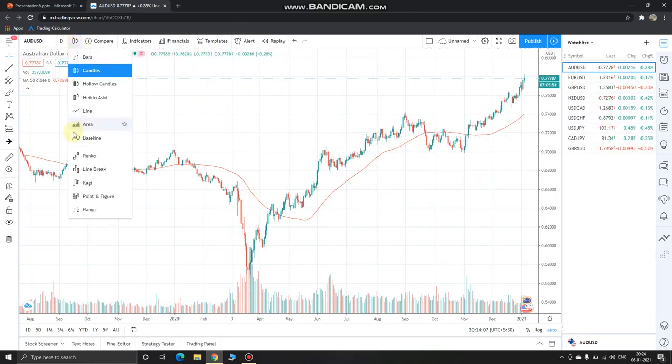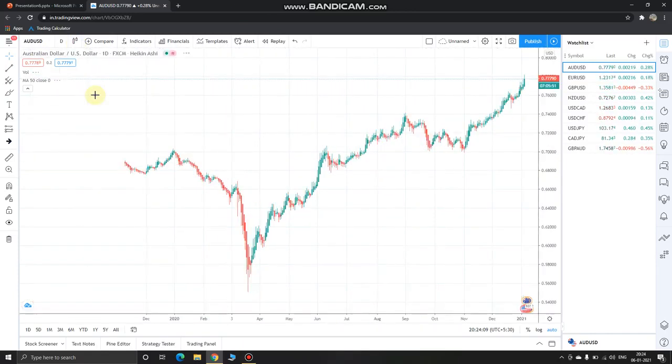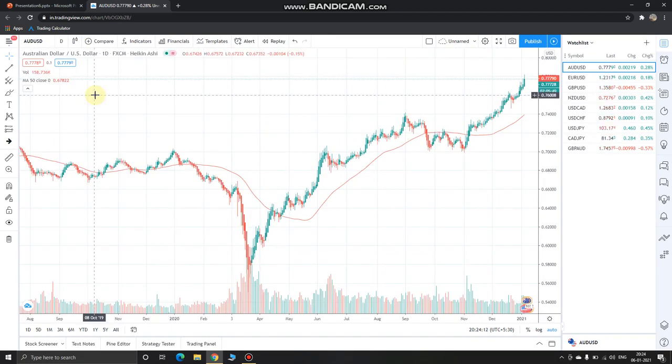So let me switch to Heikin Ashi chart. Ta-da! Okay, so right now we have Heikin Ashi chart, and you can see on the screen that the chart has become much smoother. Now there is not much of a mixture of candles. We are getting a series of candles in a row, green, red.